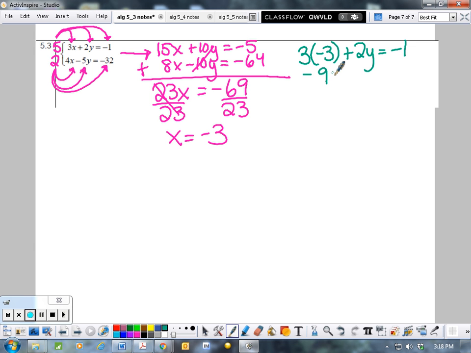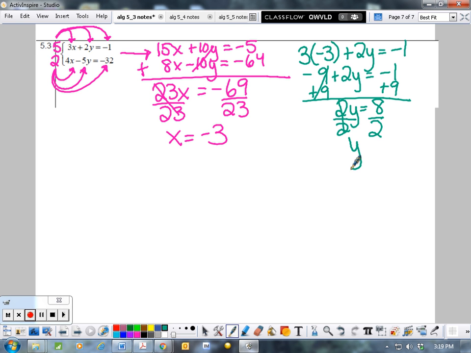So this becomes -9 plus 2y equals -1. I add 9 to both sides. So now I have 2y equals 8. Either way, 8. Divide by 2 on both sides, and y is equal to 4.